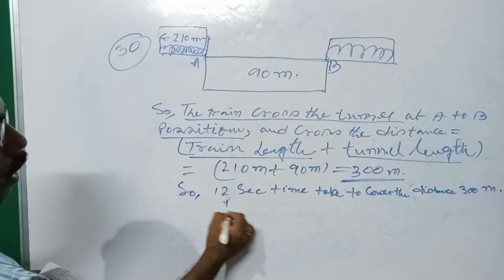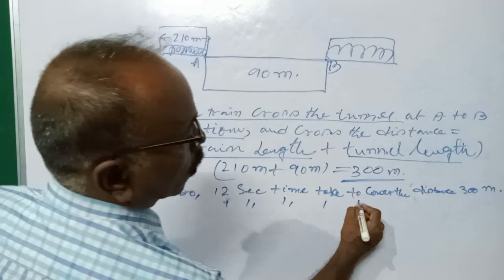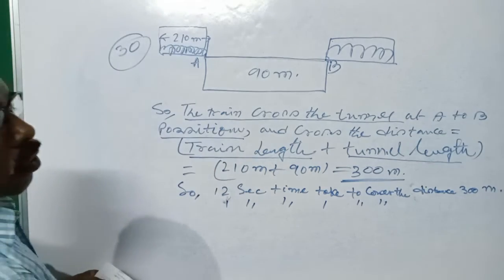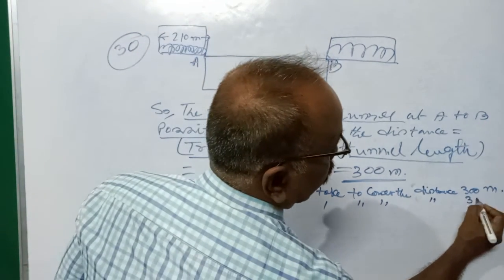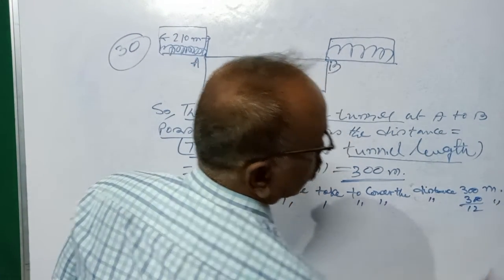Am I clear? In 1 second, the distance covered is 300 divided by 12 meter, since 1 is less than 12.